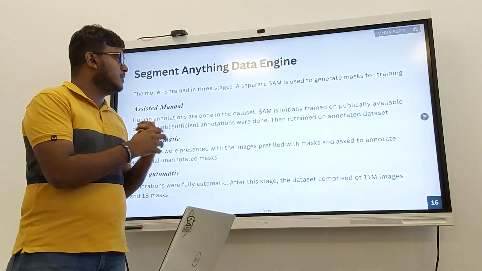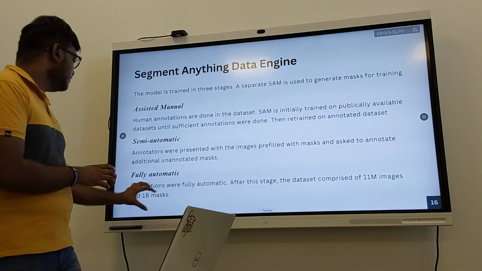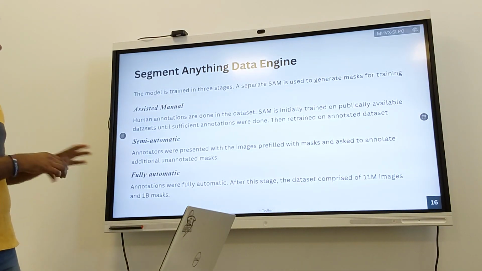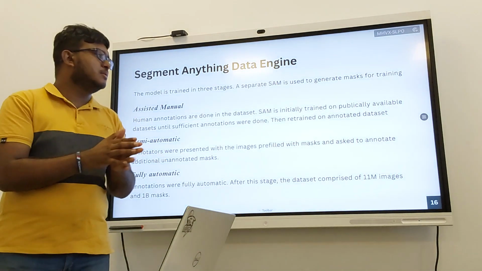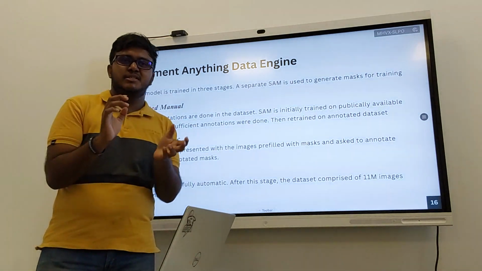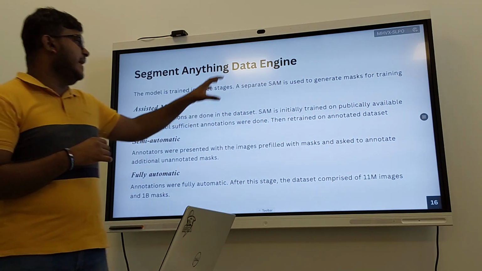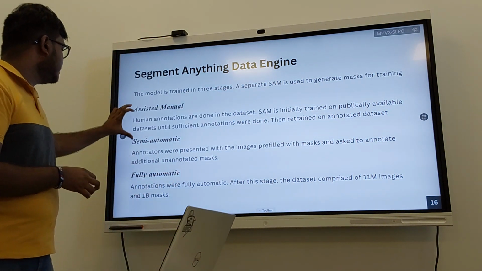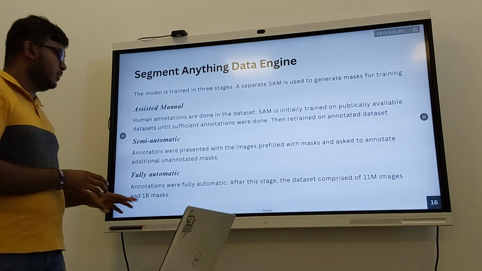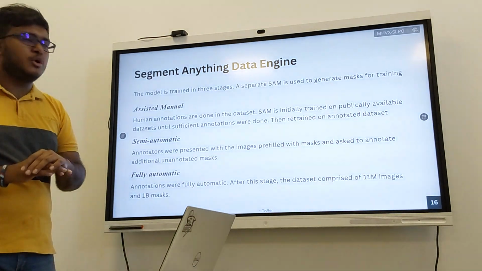One is the one that we are using, and another model was used to generate the fully automatic and semi-automatic data. That second model is given priority for accuracy instead of latency. It helps to generate fully automatic data, and this will be used to train our main model.